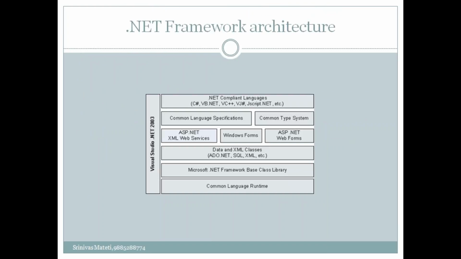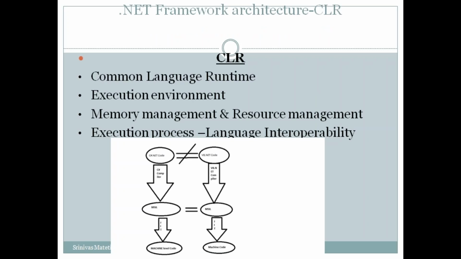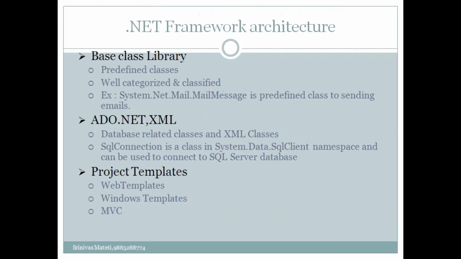So we completed the common language runtime, and now we'll go to the Microsoft .NET Framework base class library. The base class library contains predefined classes. For example, for connecting to a database, we have the SQL connection and command objects.